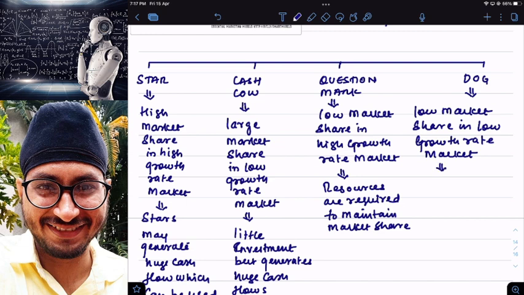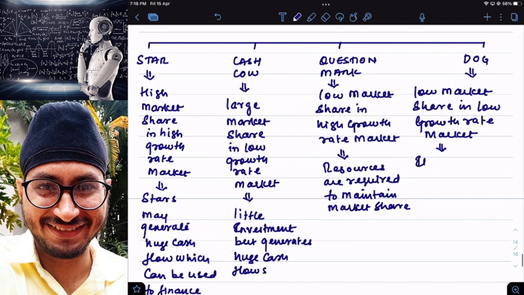Since the future of this market is also very bad, and my present market share is very less, plus the future of this market is also very low, I'm not sure whether this type of industry will be there or not. Then it is better to close this unit, close this product.